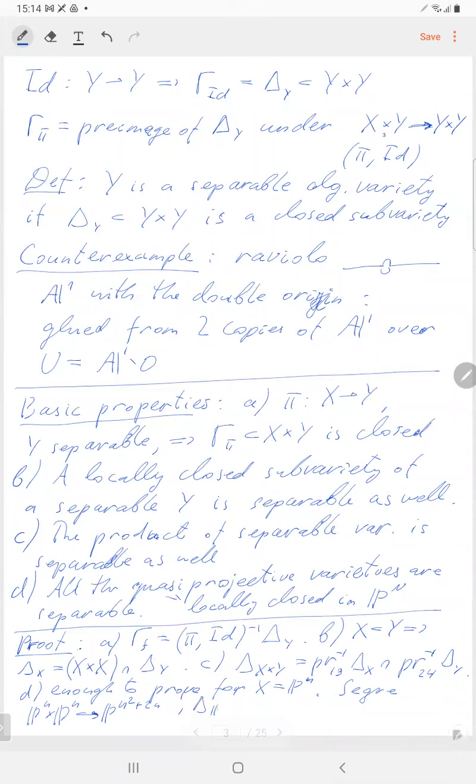So delta Pn inside P^(n squared plus 2n) is cut out, I go to the next page, sorry, by the equations. Remember, we had there z coordinates, and the z coordinates z_ij is equal to z_ji for any i and j. So that there we are.